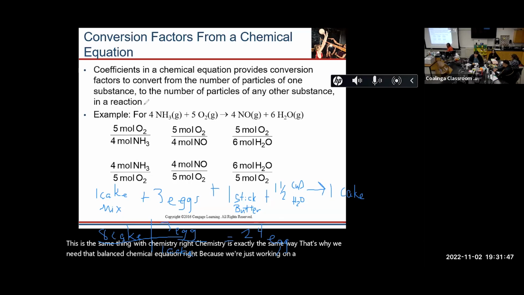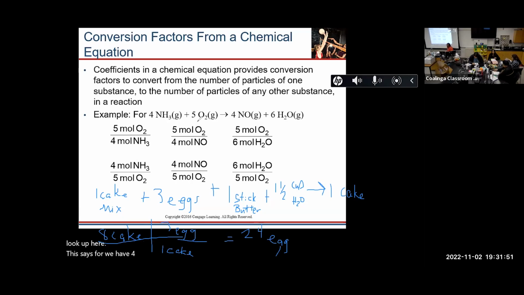So if we look up here, this says we have 4 ammonias plus 5 oxygens. It's going to make 4 nitrogen monoxide and 6 waters. So we know that we're going to use a ratio, right? So if we wanted to look at the ratio between oxygen to ammonia, that's going to be a 5-to-4 ratio, right?